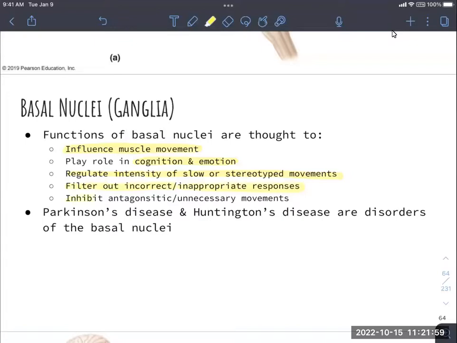They're going to inhibit antagonistic movements. Like if you want to flex your arm, a bicep curl, it's going to inhibit the triceps, so it allows your biceps to flex. It gets rid of unnecessary movements, like in Parkinson's disease and Huntington's. These two diseases specifically affect that basal nuclei.